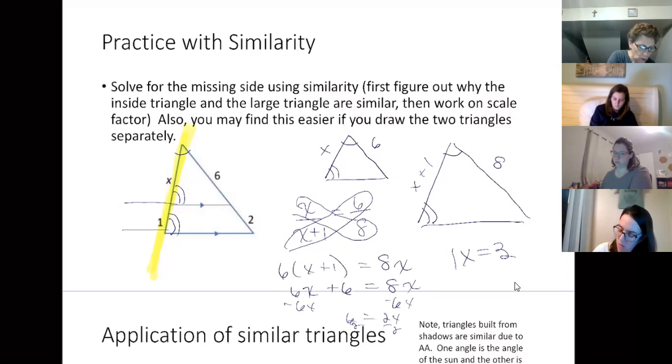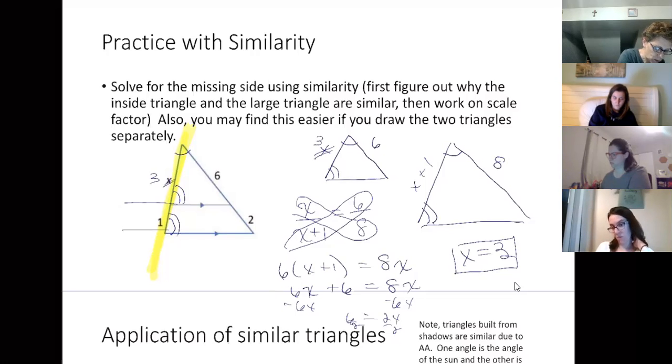So I don't know exactly what the proportions are yet, but I can figure out some x's now. If x is 3, I'm going to replace this with my 3, and I can replace it here as well. Now I can replace this as 4. Okay, so now we can play around a little bit.